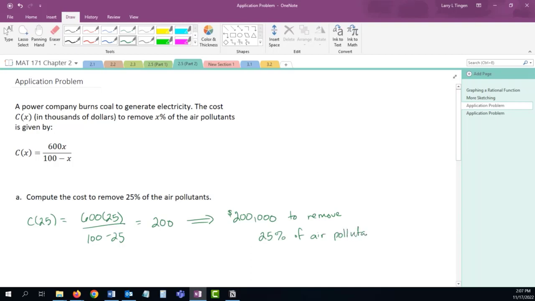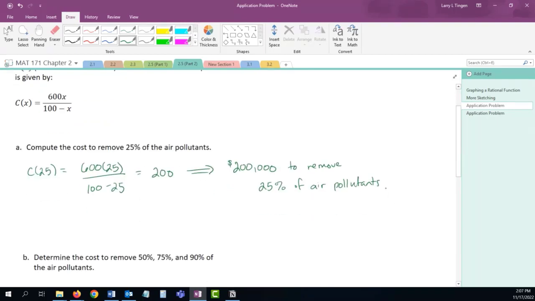Okay. Now, this is going to work. Here's the problem, though. We tend to think that if it costs $200,000 to do 25% of it, our brains work in a linear fashion. So $200,000 to do 25%, well, that means with $400,000, I can do half of them, and with $800,000, I can probably remove them all.